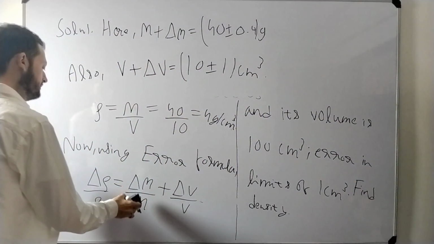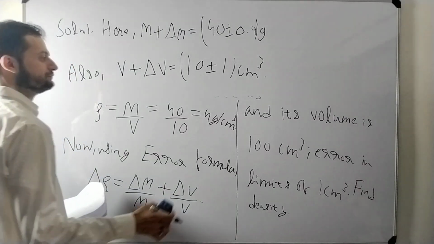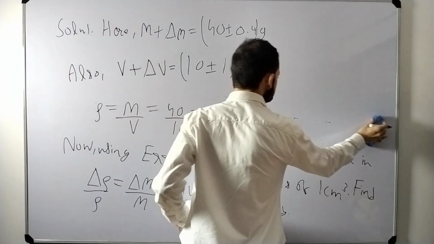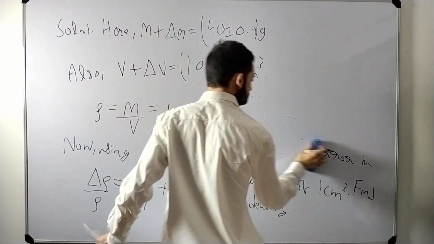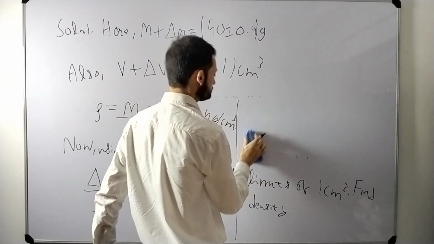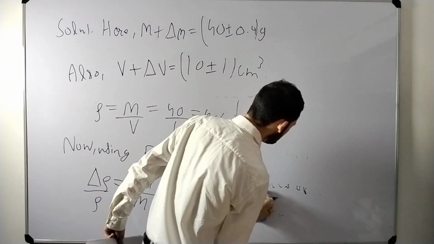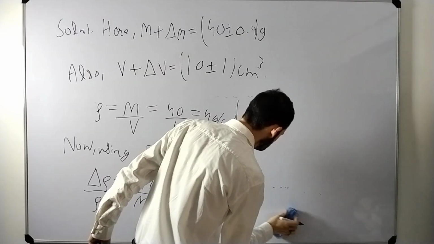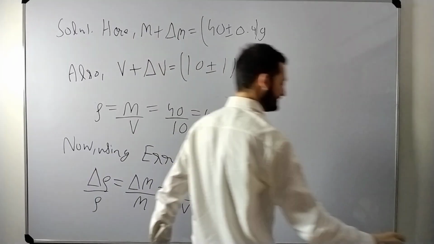Put the value of del m and del v and v here. Even rho, put the value of rho here. Think of yourself now while I am erasing.